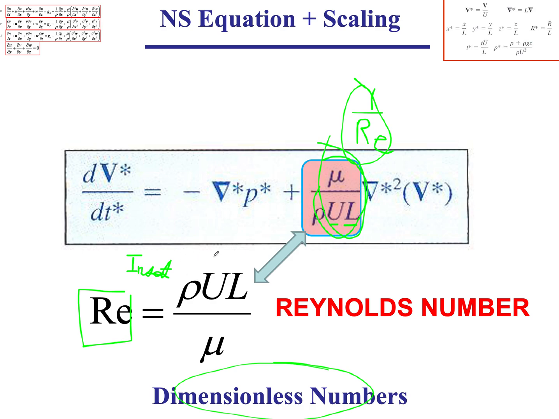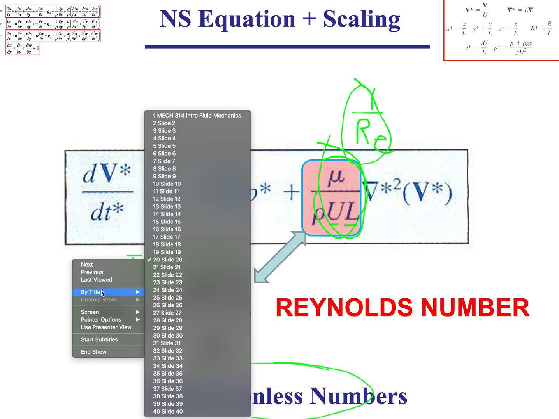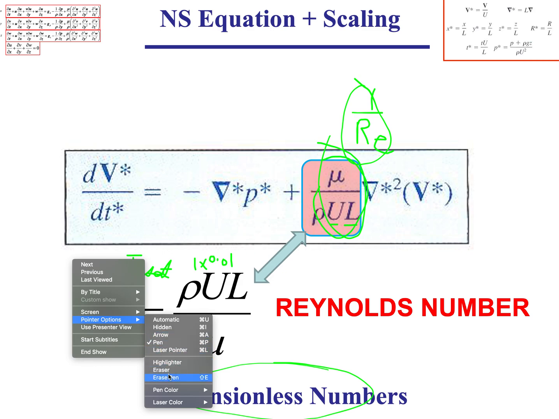An insect moves at, let's say, 1 centimeter per second, so in meters per second 0.01. The length scale is around a centimeter. While for an airplane, I'm trying to look at the ratio between the Reynolds number of an airplane and an insect.